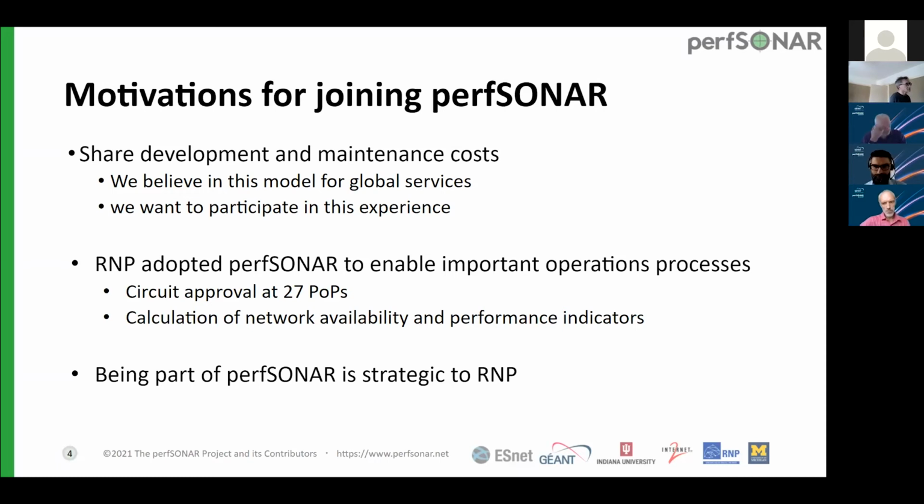And we also think that being part of perfSONAR is strategic to RNP because you're part of a global community that has a lot of experience, either serving the community or following the technology trends and adopting them.